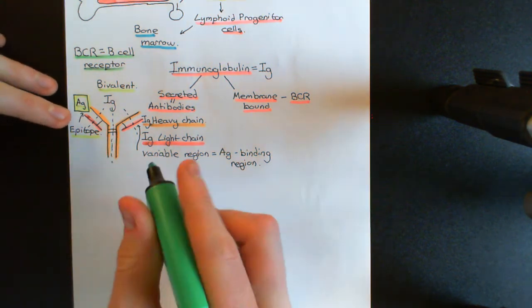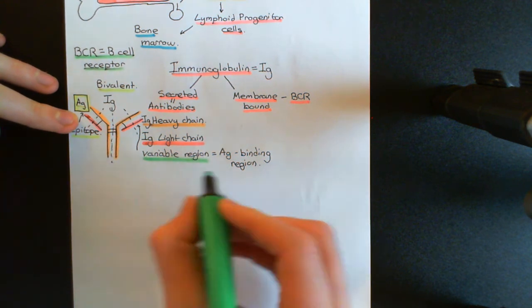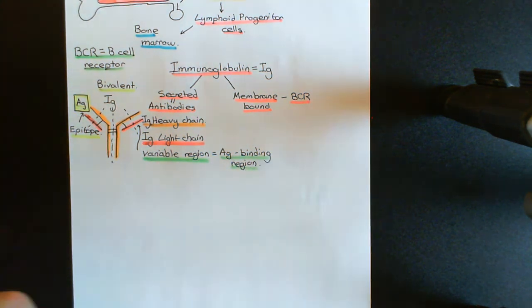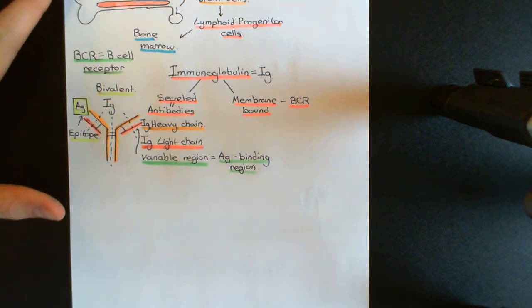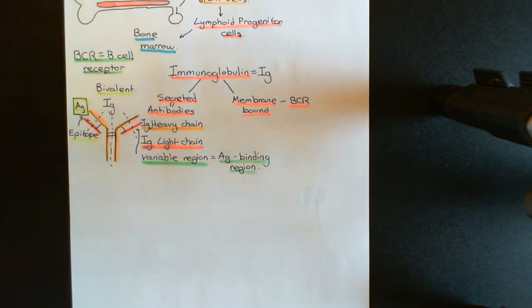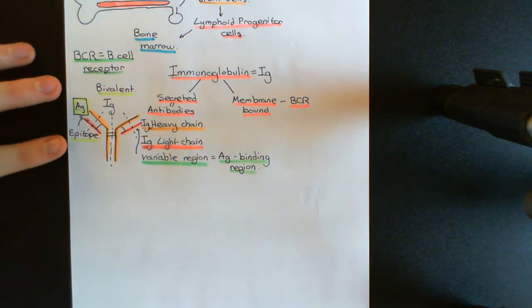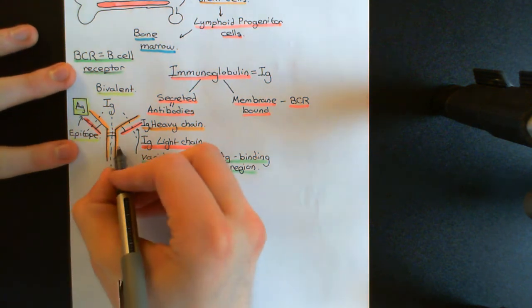These are the regions of the immunoglobulin heavy chain that are going to be different between the different finished designed portions. Okay, so the variable region of an immunoglobulin molecule is the bit that will be different between the different B cells once you've finished producing them. So they'll all have their own variable region for their immunoglobulin molecule. And that's because they're all going to produce immunoglobulins that will bind to different epitopes on potentially different antigens.